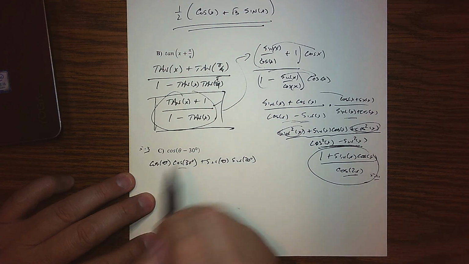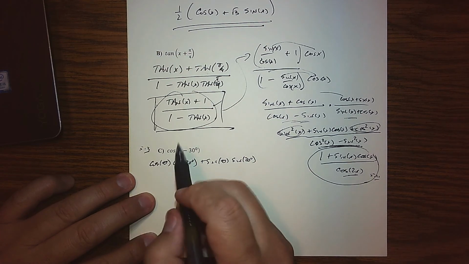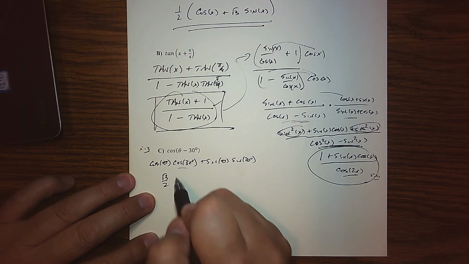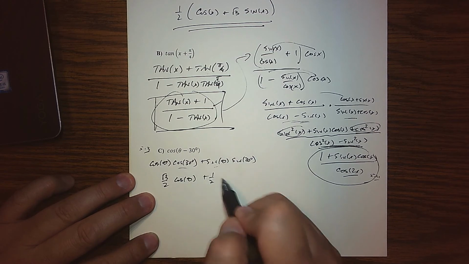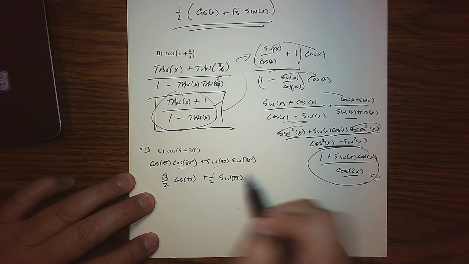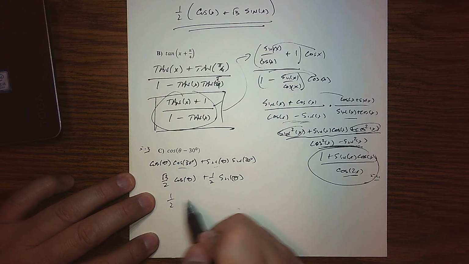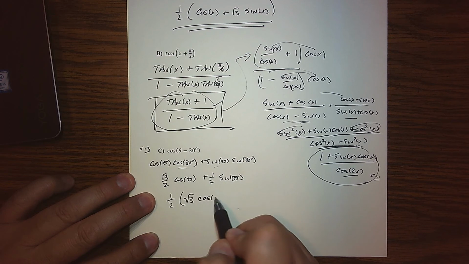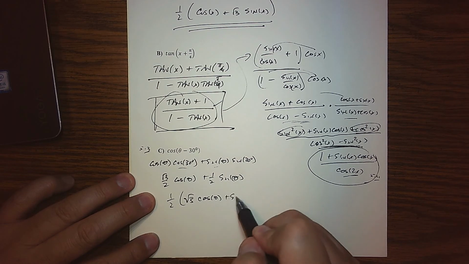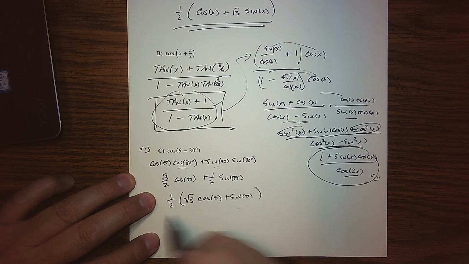The cosine of 30 we know to be the square root of 3 over 2, so we have that times cosine of theta. The sine of 30 is a half, times sine of theta. The best thing I can do here is to take out a half. We get the square root of 3 times the cosine of theta plus the sine of theta.